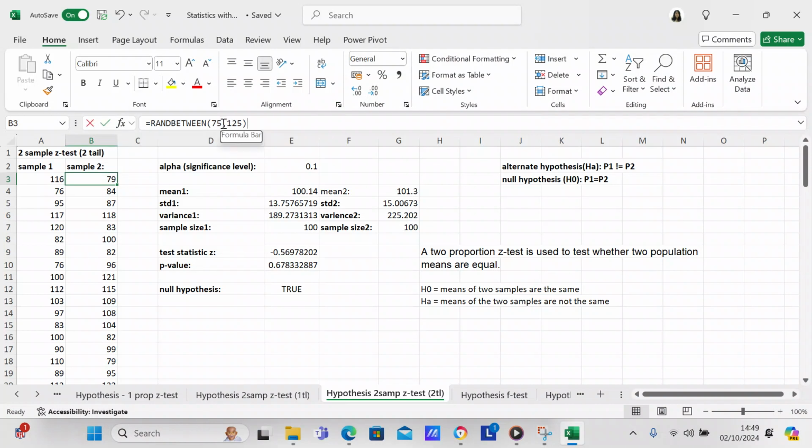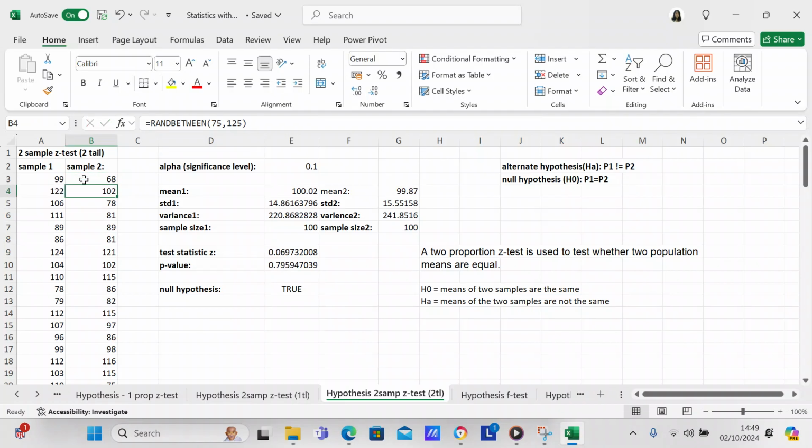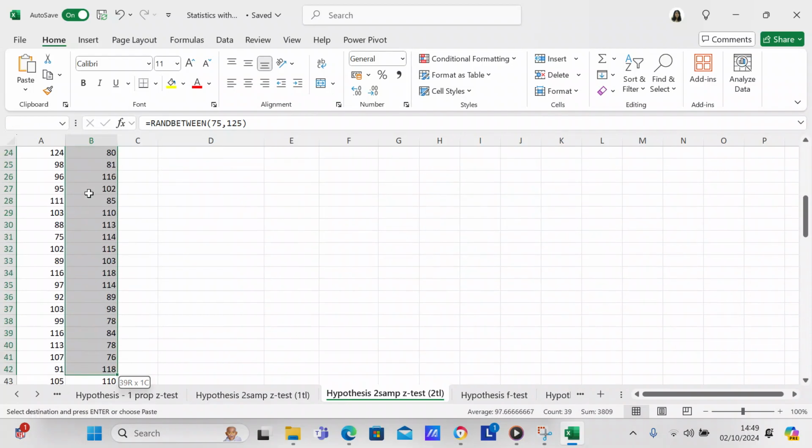So we'll say between 60 and 140. So we're going to actually change the two samples. We're going to change the numbers of the two samples and see what happens.